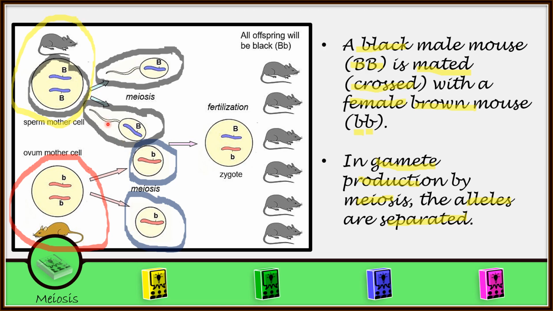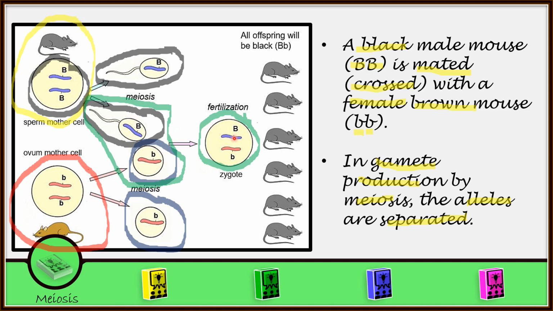So now here we shall take only two of them and combine them. If we take this sperm combining with this ovum, then we shall produce this zygote after fertilization.